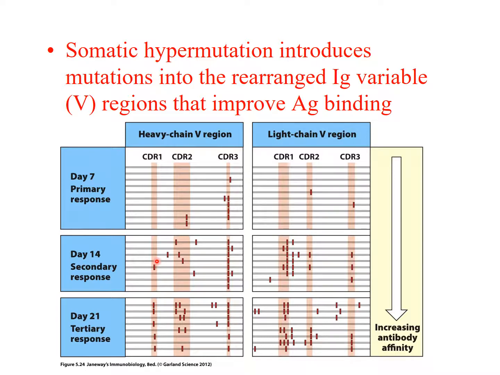If it's bad, that cell dies off and doesn't get stimulated, but the ones that are good or neutral keep going, and we see the accumulation. So by the time we're 3 weeks after that B cell has been activated, the variable or hypervariable regions of the antibody we are now expressing in no way resemble what we started off with.